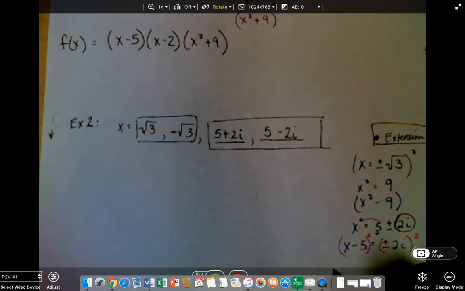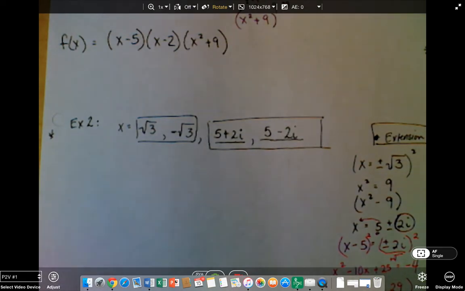So this side is going to become x squared minus 10x plus 25. And this side is going to become negative 4. So we add our 4 over. We get x squared minus 10x plus 29. So there's our other factor.